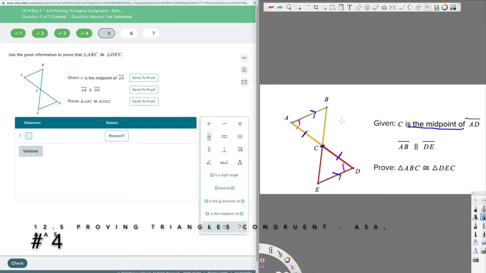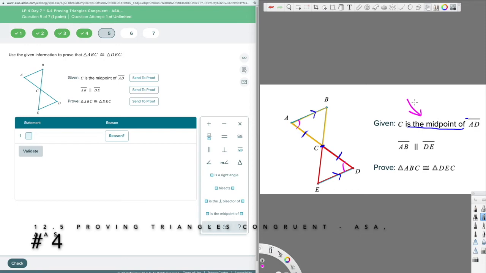So again, shoes and socks: paying attention to what I'm putting in there first. Will it matter if I put the midpoint in before I start talking about parallel lines? No. I could talk about parallel lines first, and then the midpoint. But if I want to say that AC is congruent to CD, I have to put the midpoint given in before I can state that.